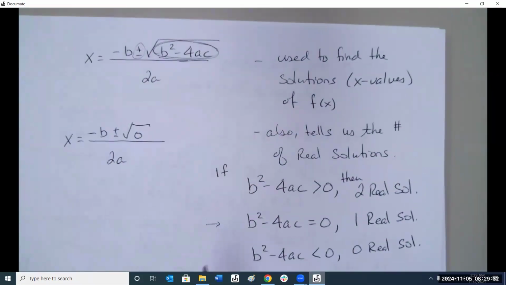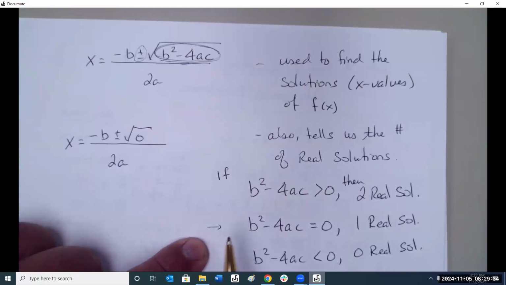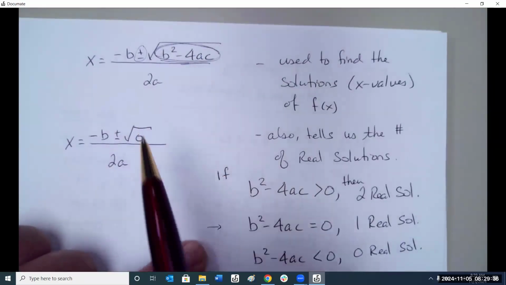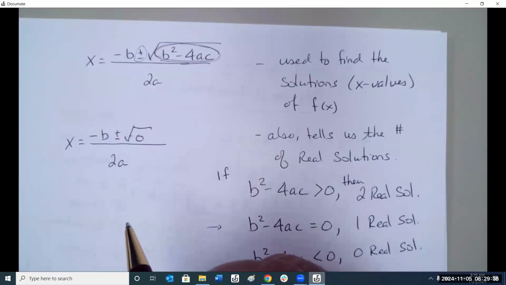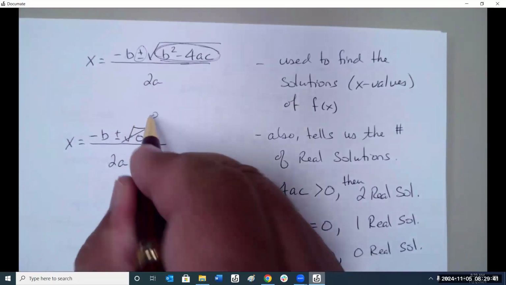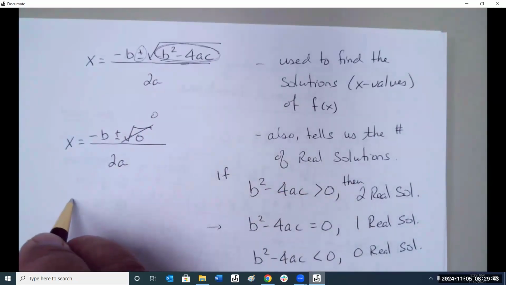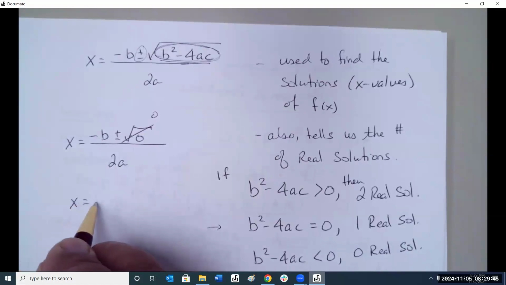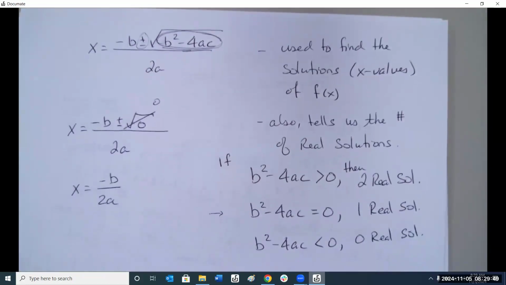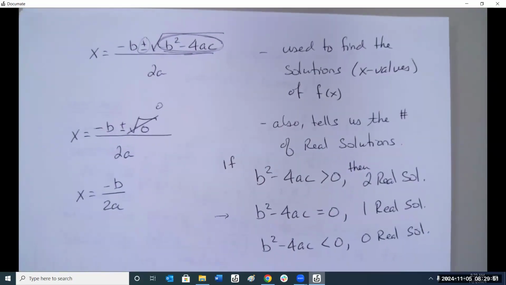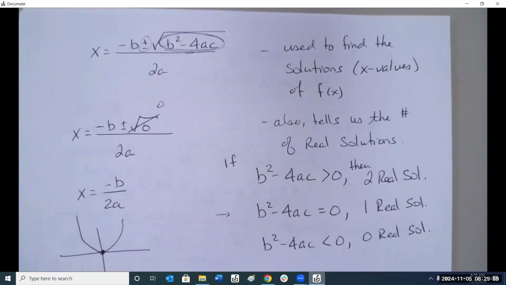So if the inside equals 0, what's the square root of 0? 0. So what we have left is negative b over 2a. That's the graph that looks like this. It only touches at one point.